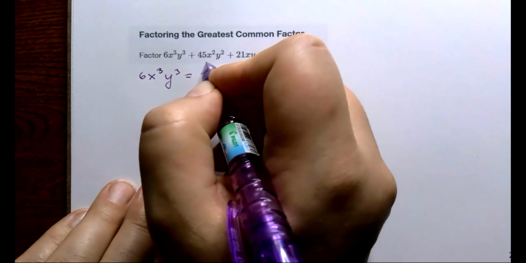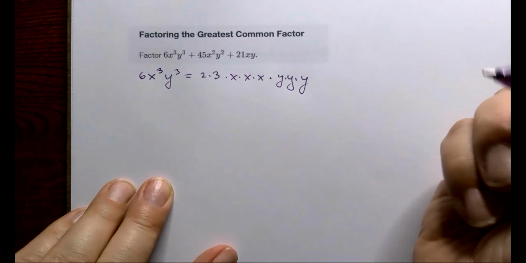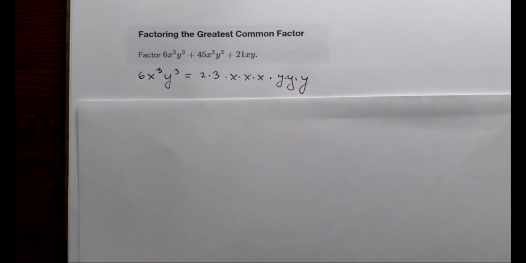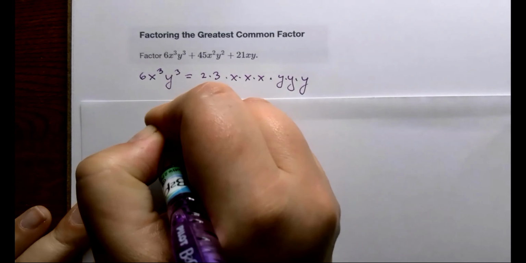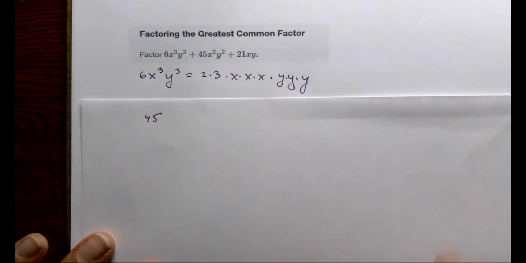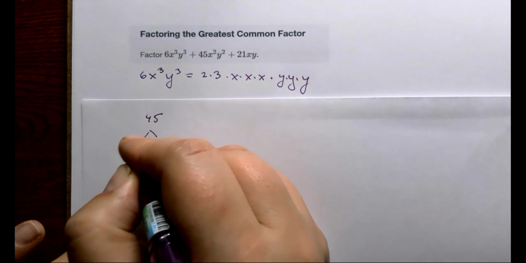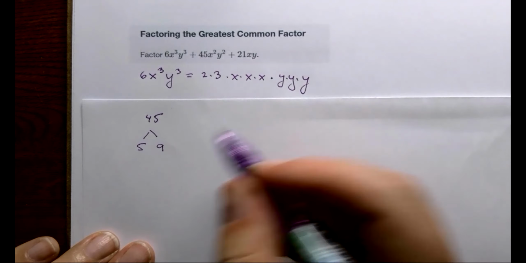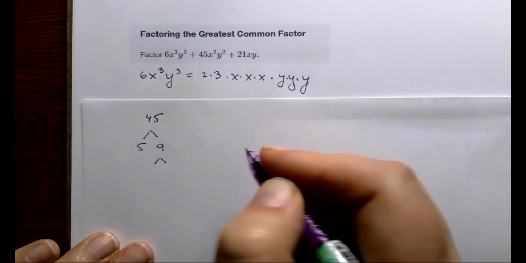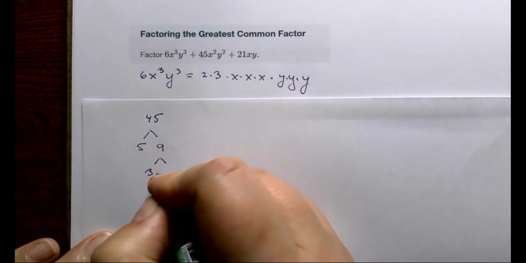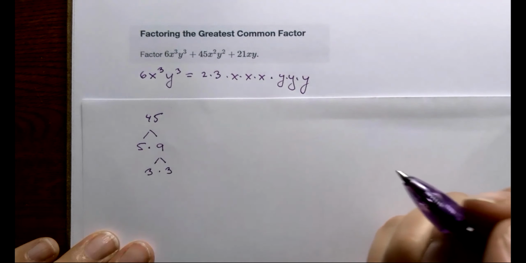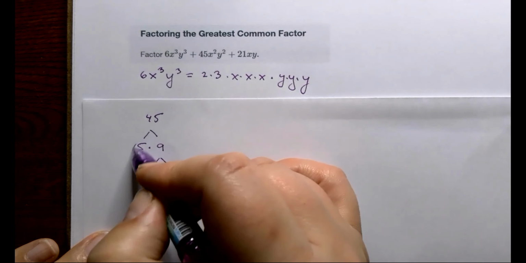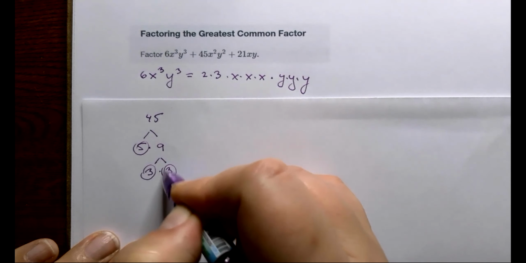The next term, 45, well, I'm going to do this on the side, how to decompose 45. So 45, when I look at it immediately, I think, okay, it has factors of 5 and 9. And that is correct, but 9 could be decomposed even more. We could split it into 3 times 3, right? So your prime factors for 45 would be 5, 3, and 3.